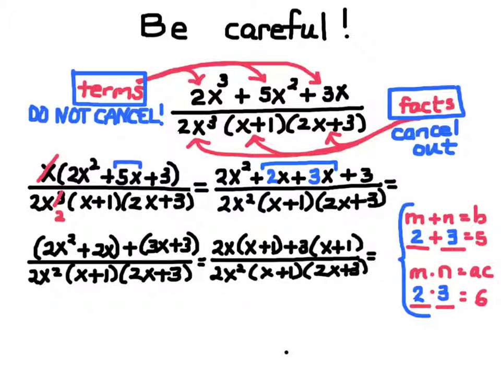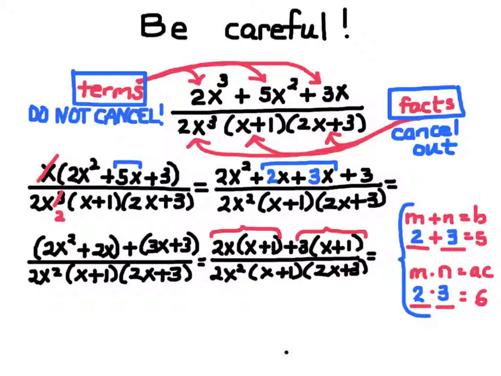Let's finish factoring the numerator. I notice in the numerator that I have right here the product of two factors, which is actually a term, because it's added to the product of these two factors, which is also a term. So these two are both terms.